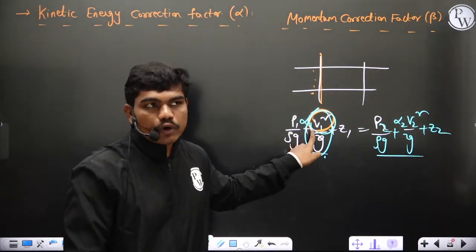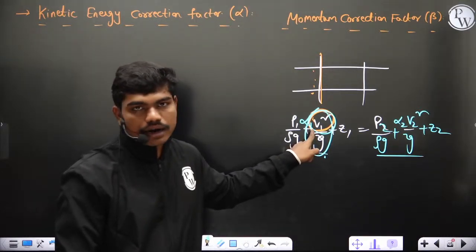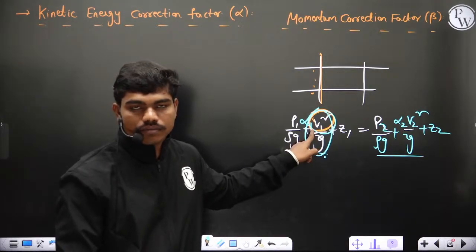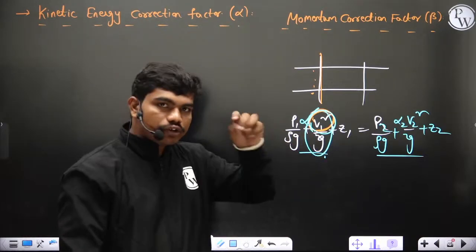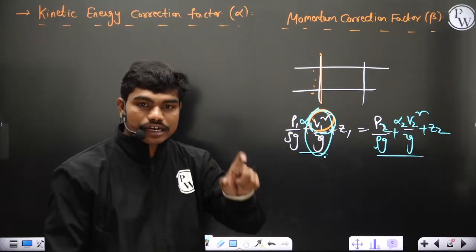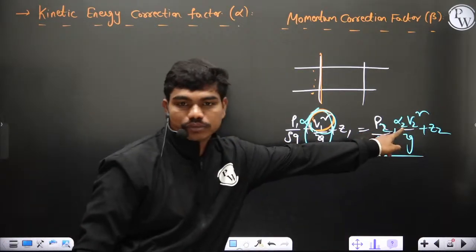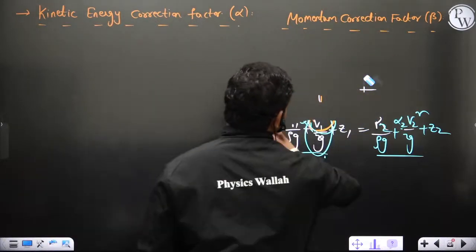Clear? Normally you don't encounter this in GATE, but at the ESE prelims level some questions they can ask you, and in mains also, of course. Can you get this? If they give you these kinetic energy correction factors, you should know where to substitute them. Clear?